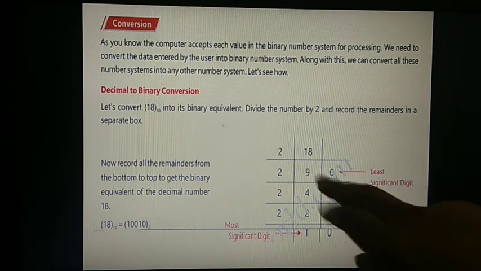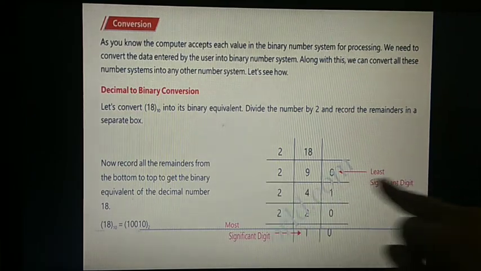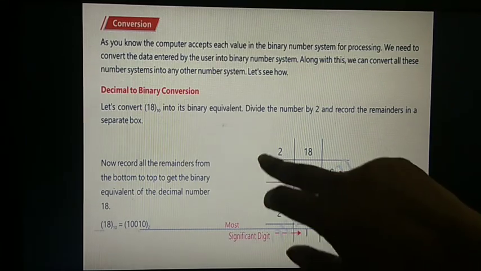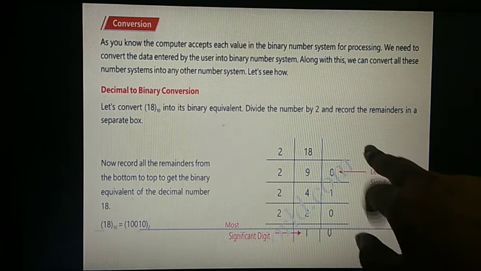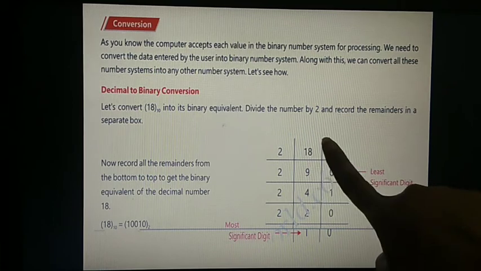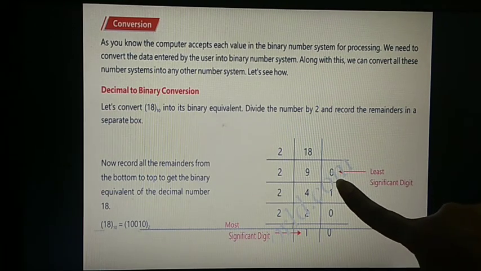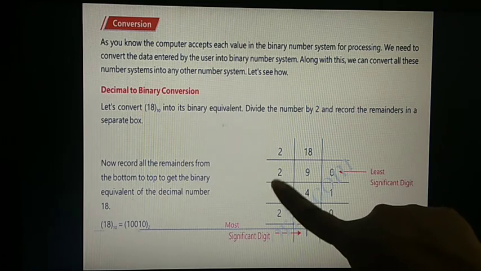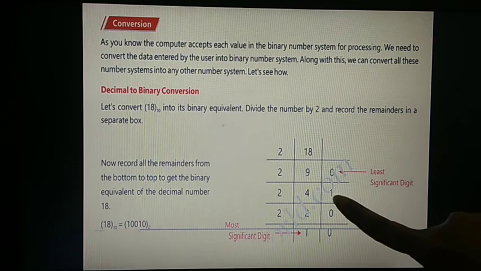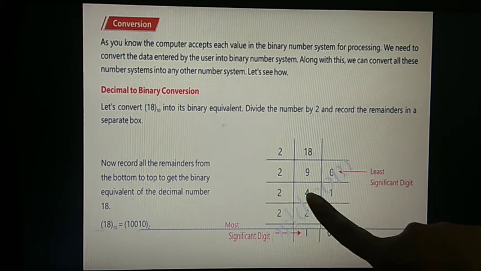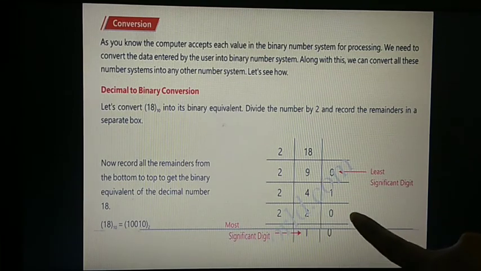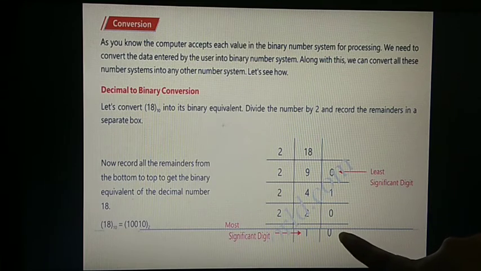Okay, and yes, these boxes are supposed to be drawn when you are doing your decimal to binary solutions. ओके, सो 2 से आप 18 को डिवाइड कर रहे हो, 2 9 18 हो रहा है, रिमाइंडर क्या मिला है, 0 मिला है। फिर उसके बाद दोबारा तुम डिवाइड कर रहे हो, 2 4 8, रिमाइंडर इज़ व्हाट, 1, 2 2 4, रिमाइंडर इज़ व्हाट, 0, 2 1 2, रिमाइंडर इज़ व्हाट, 0.